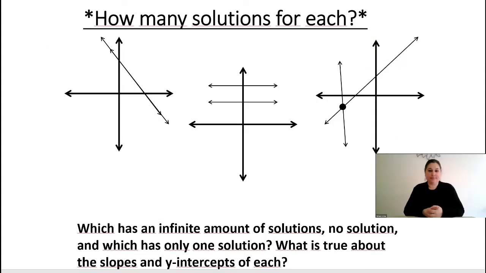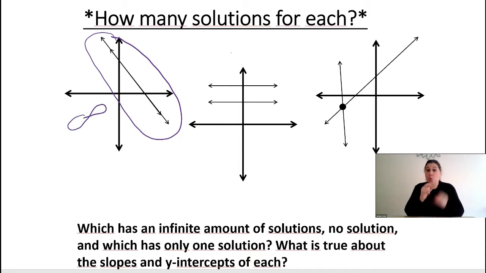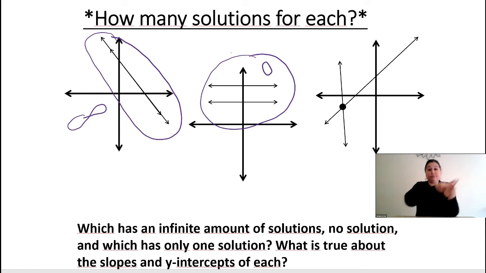How many solutions for each? So remember, this one means that they cross at every single point. There's two lines here, so that's infinite. This right here represents no solution, so 0 solutions, because those lines never cross. They're parallel. Okay, so for the first one, they're the same line.